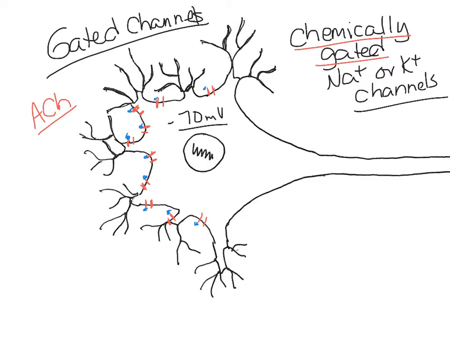So the gates are closed until acetylcholine, and I'll make acetylcholine green here, binds to the receptor on these gated channels, and then the gates will open. If acetylcholine is not bound to those receptors, the gates won't open. So acetylcholine is kind of like the key that opens up the gate.